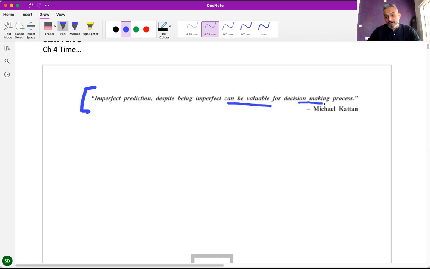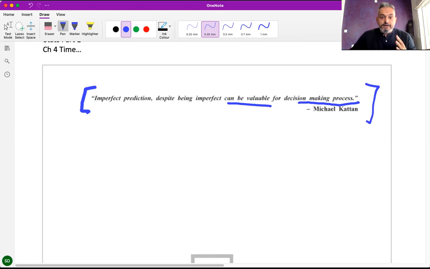Prediction may be imperfect, that is fine, but still it can help us take valuable decisions.